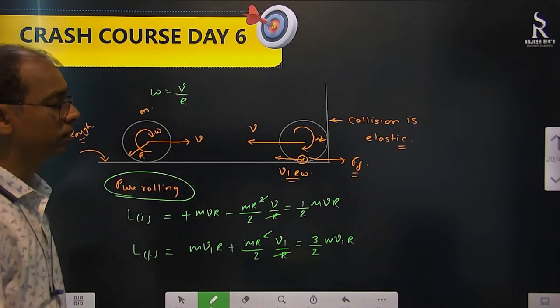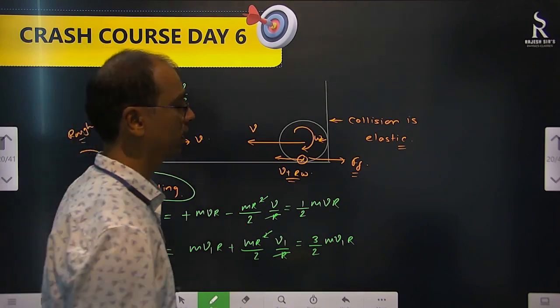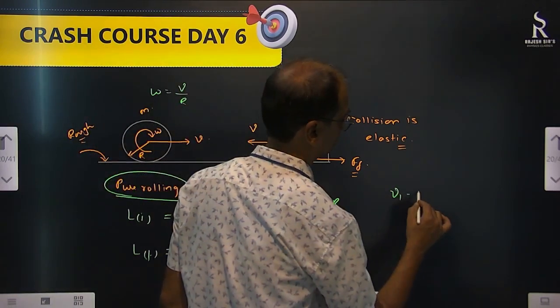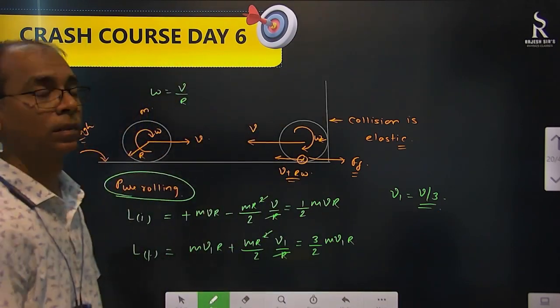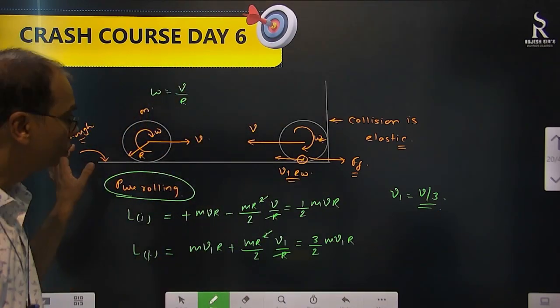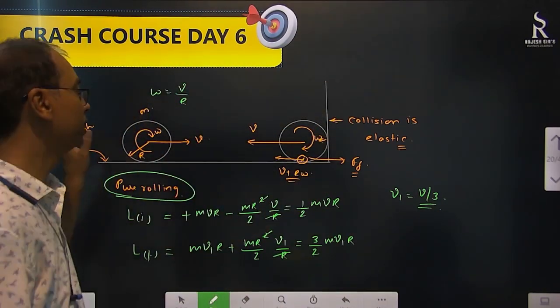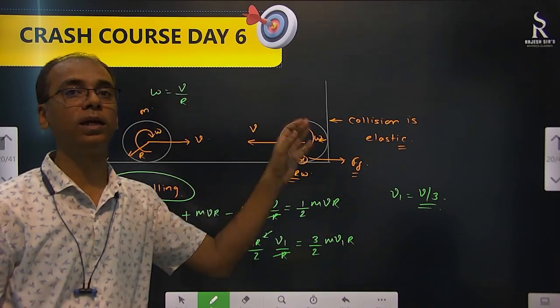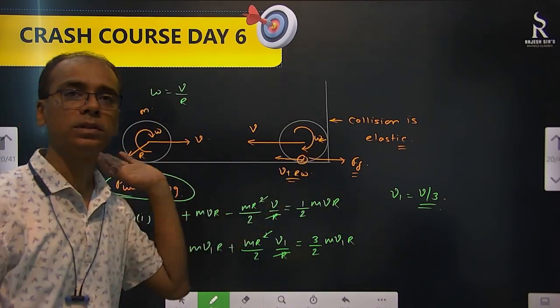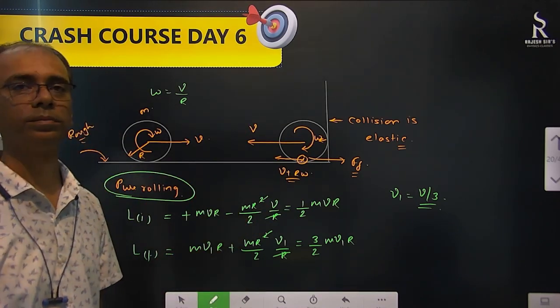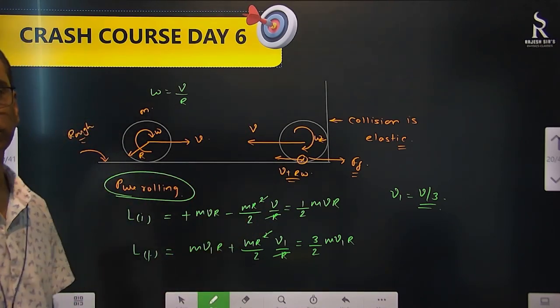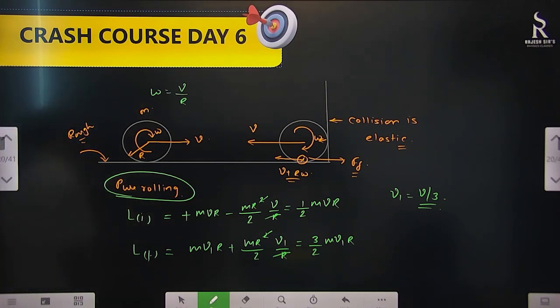What will be the v1 value? v1 will be v by 3. Same question, only two lines added initially in the question: this is going and colliding, and after colliding, when it will start pure rolling. Clear? That's all.